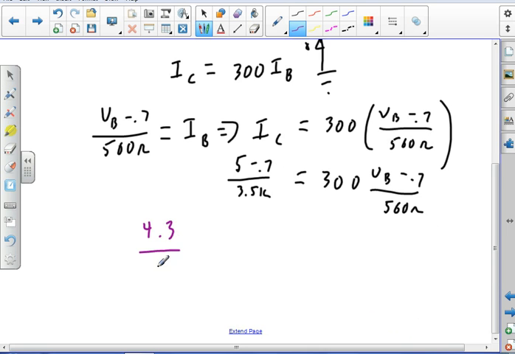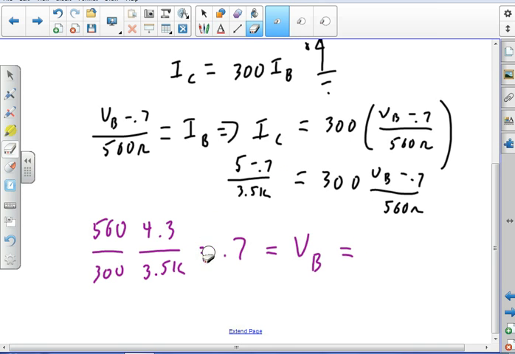4.3 divided by 3.5K is equal to, now let's see, we'll put a 300 on the bottom, we'll put a 560 on the top, and we'll add 0.7, and that's going to be the voltage at the base when we are at saturation.